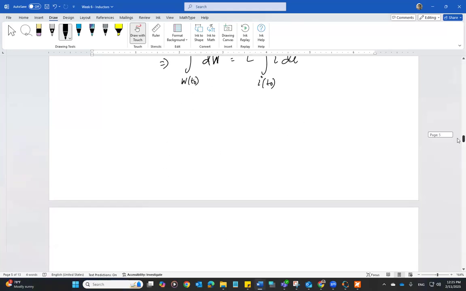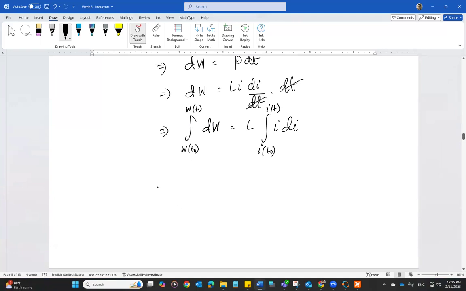And this will give us the equation for our energy. W(t) minus W(t0) is equal to L times half I squared t minus half I squared t0.